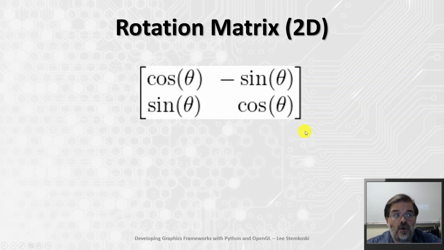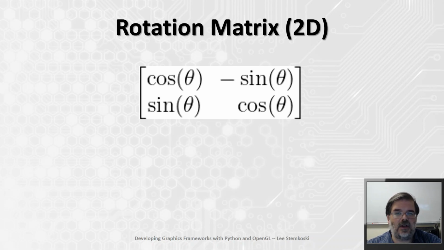So if you want to rotate a point in two-dimensional space by some angle theta, calculate these different values. That gives you a matrix, and you can multiply your vector by that matrix. So hopefully this makes sense. And if so, then we can move on to rotating in 3 dimensions.